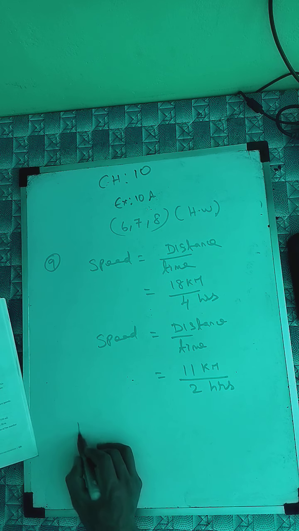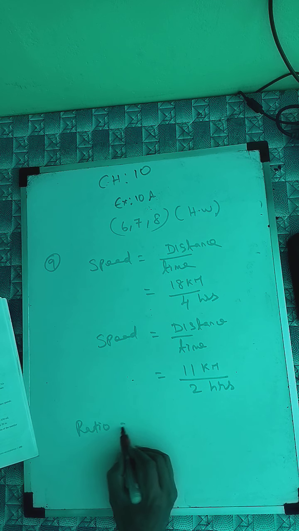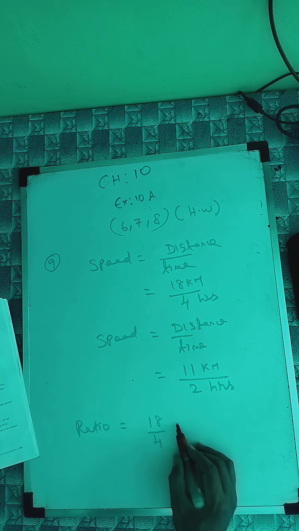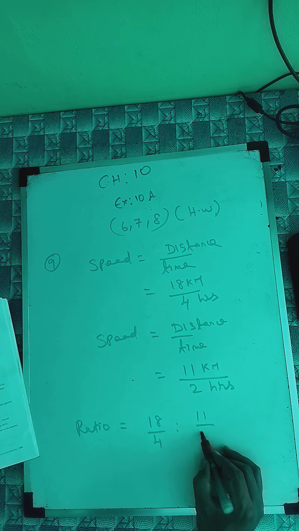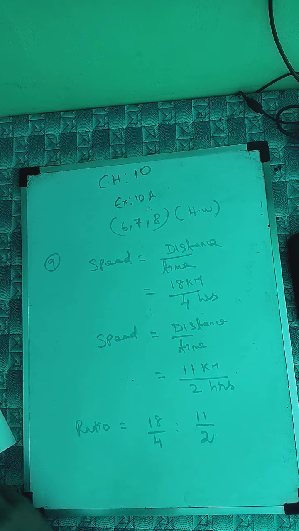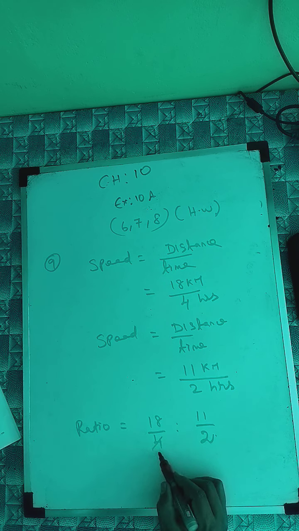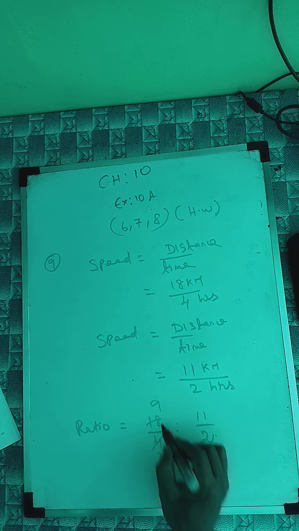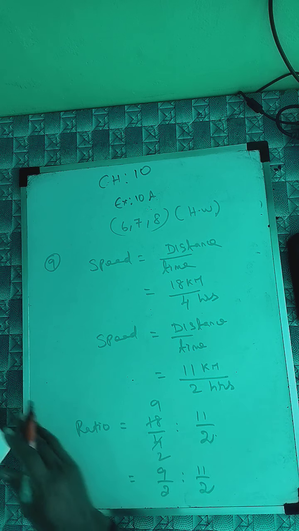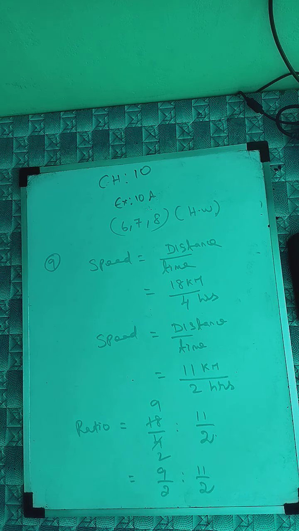So the ratio is equal to 18 by 4 is to 11 by 2. We can cut this one: 2 2s are 4, 9 2s are 18, so we can say here 9 by 2 is to 11 by 2. Okay, so now we can write this one again here.